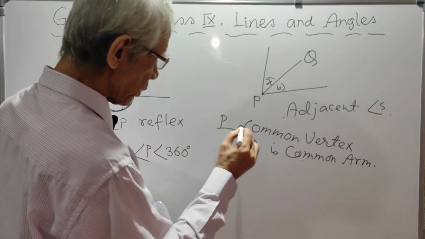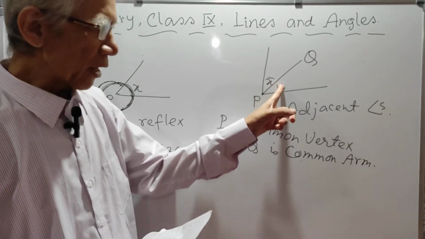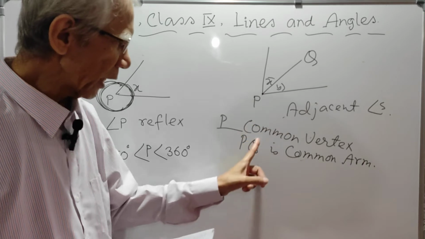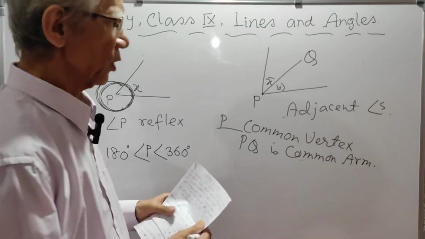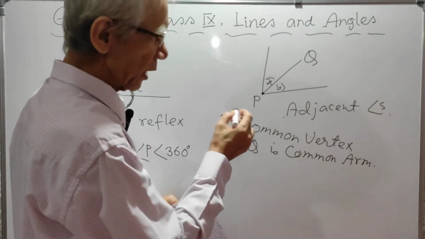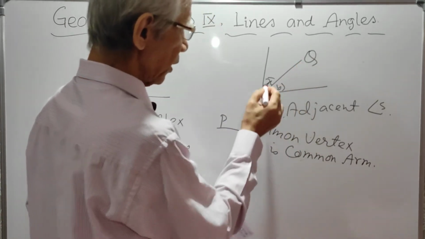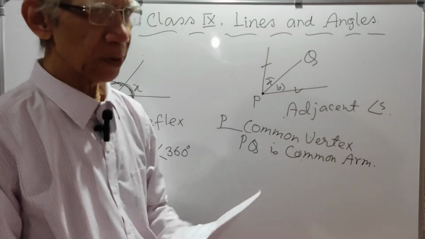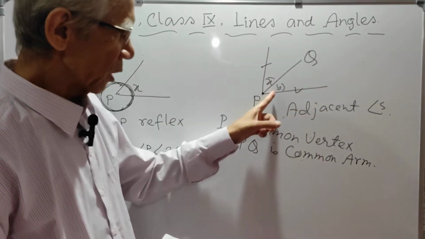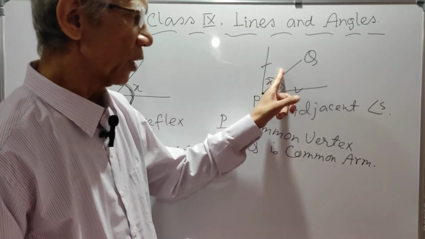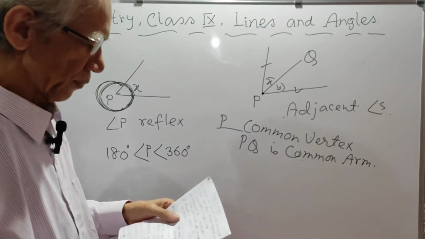So adjacent angles are those which have a common vertex and common arm. Both the angles have this vertex common and they have one arm common. These two are uncommon arms, but this is common arm. So one common arm and one common vertex. So this is called a pair of adjacent angles. Okay.